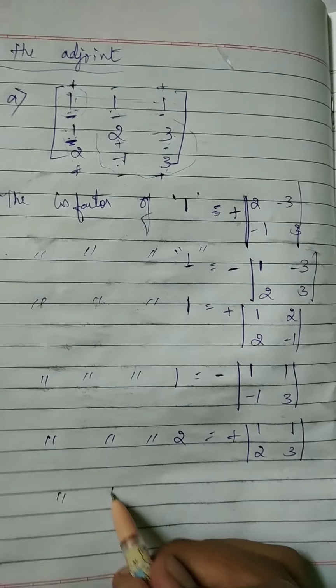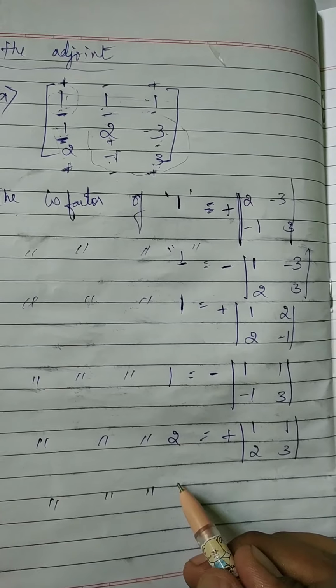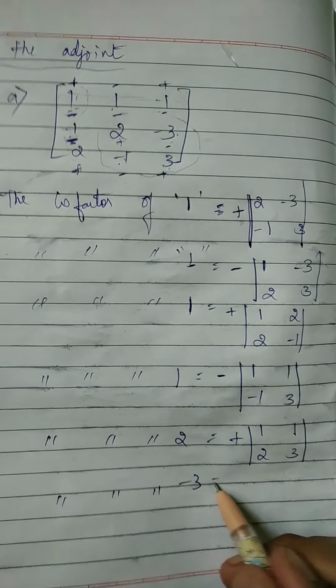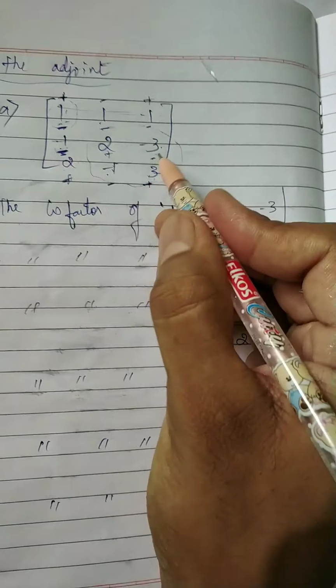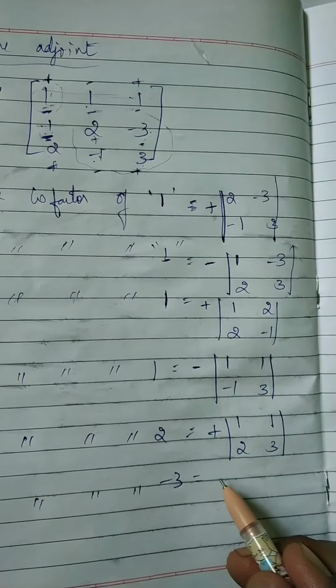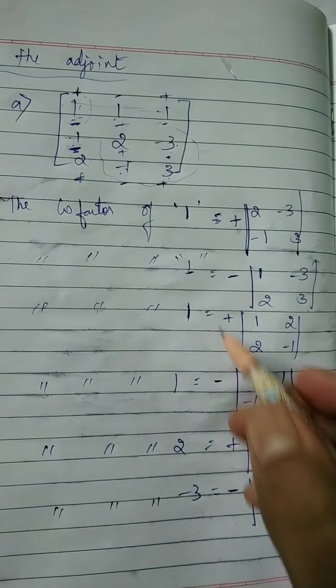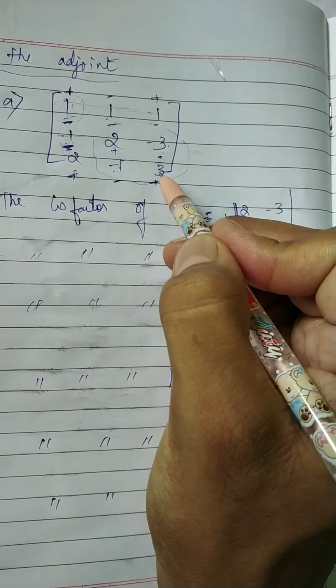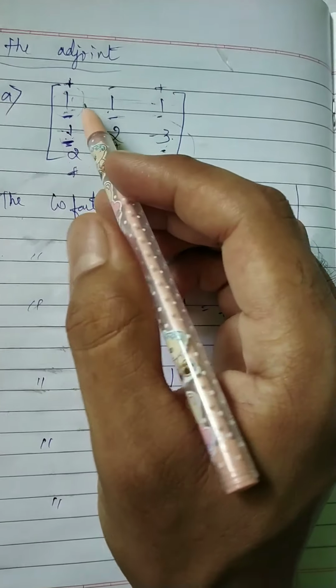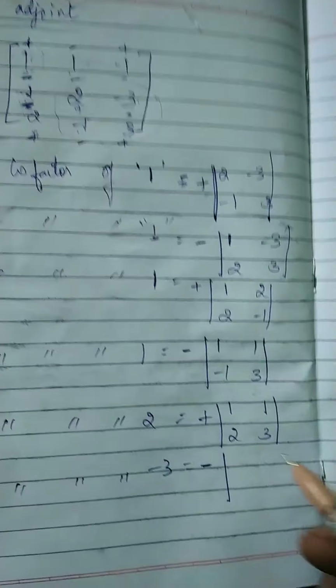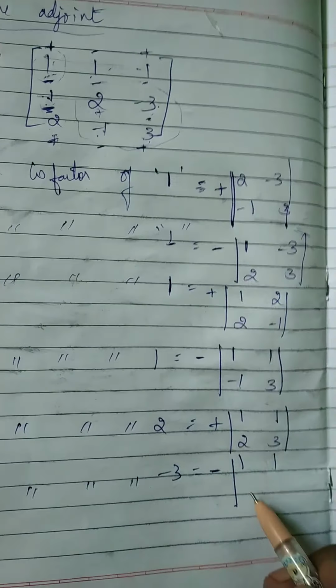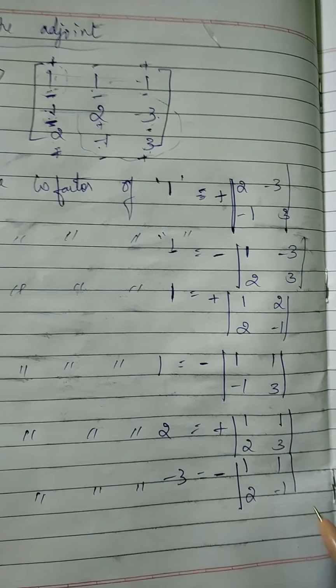Then again the cofactor of the element minus 3. Obviously the sign for this is minus, so we'll have minus here. Delete this particular column and this particular row: 1, 1, 2 and minus 1.